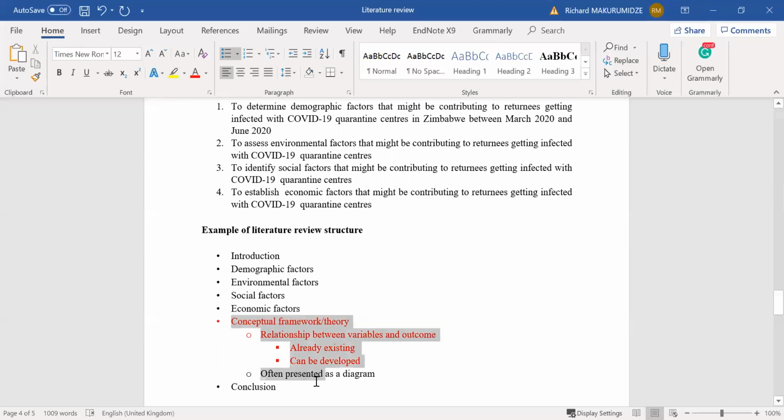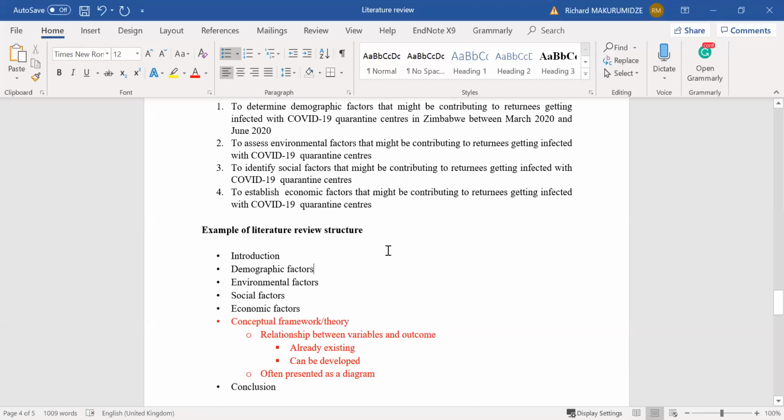This is what you call a conceptual framework or a theory. As you do your literature review, it is very important to find the relationship between your variables, and to have some theory or framework which shows the relationship between your variables and your outcome.